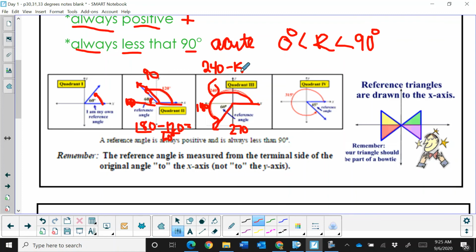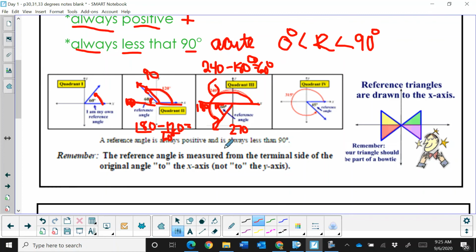We're going back to the x-axis that we've just passed. So how far past this x-axis are we? Always going back to the x-axis, or the closest direction to the x-axis. So this one also has a reference angle of 60 degrees.